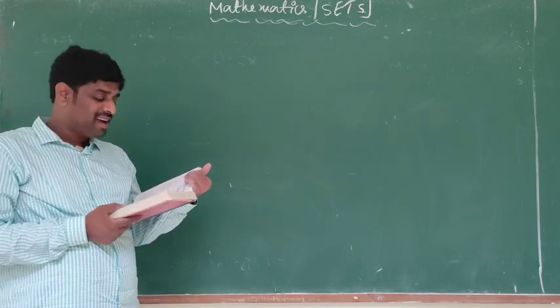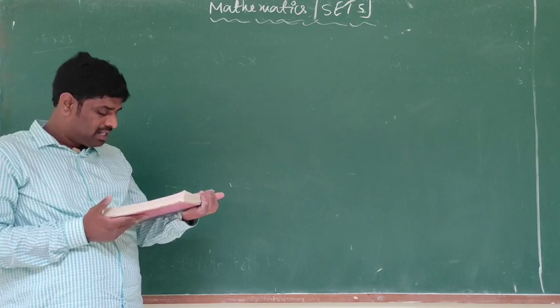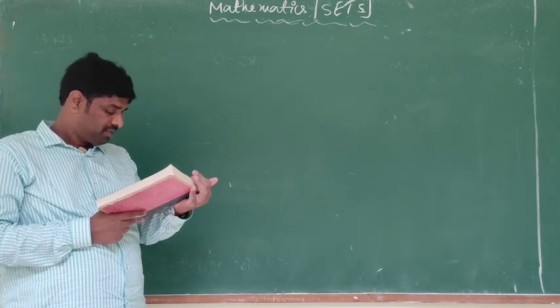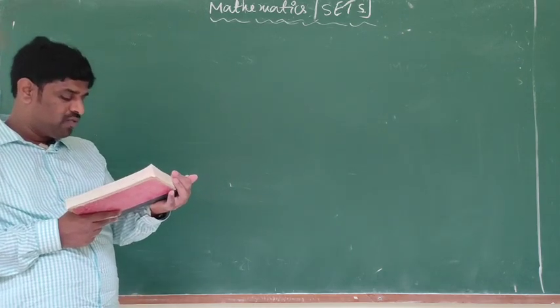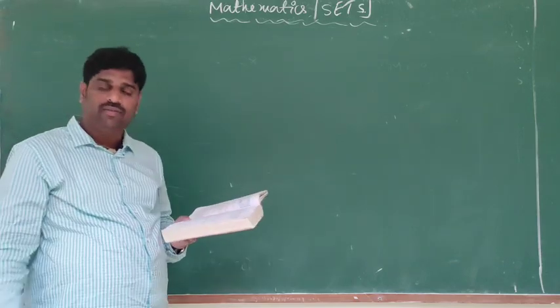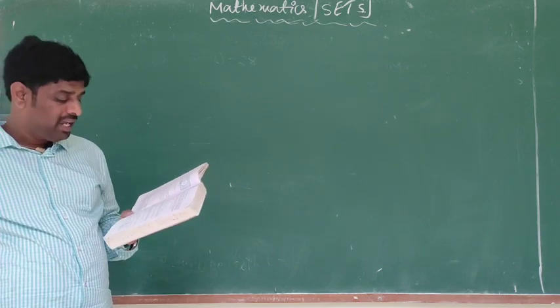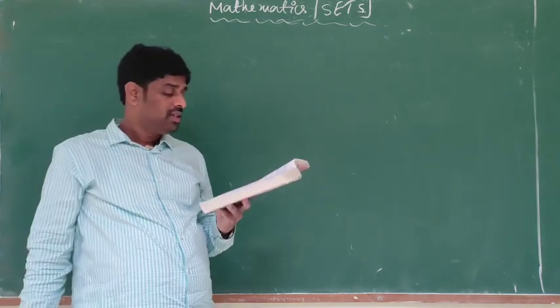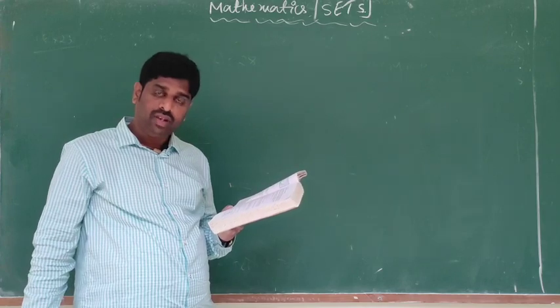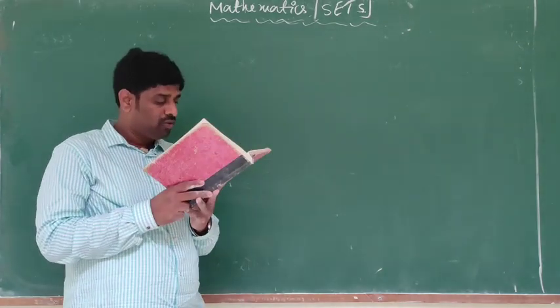So in a class of 35 students means that is n of X union Y. In a class of 35 students, 24 like to play cricket, 16 like to play football.